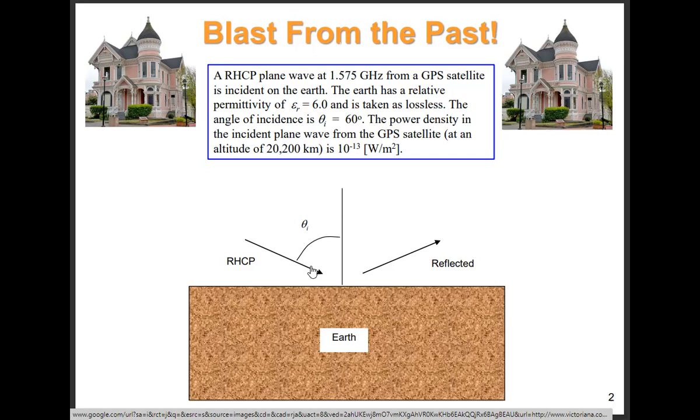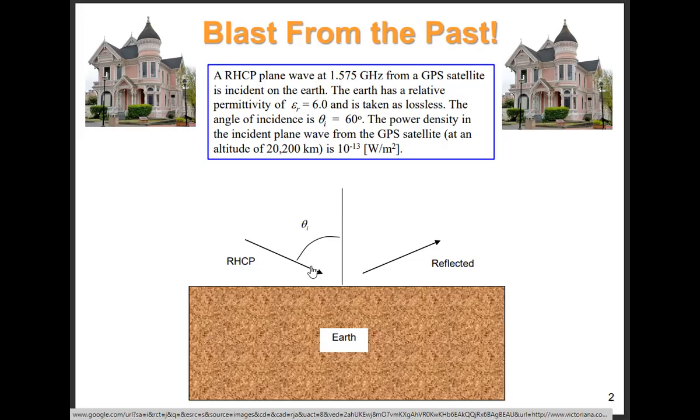Do the Poynting vector calculation like we did if we have EX and EY, remember? So it has the magnitude of EX squared plus the magnitude of EY squared over 2 eta. So because the two E fields are perpendicular, total power density is just power density in TE plus power density of TM. Okay? So what's the power density in each one going to be?